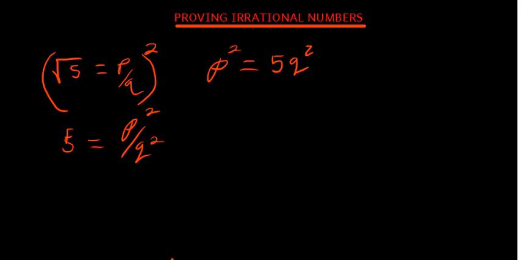As we can see here, this means that this p squared can be divided by 5, since to have q squared you have to multiply it by 5 in order to be equal to p squared. So p squared is divisible by 5.